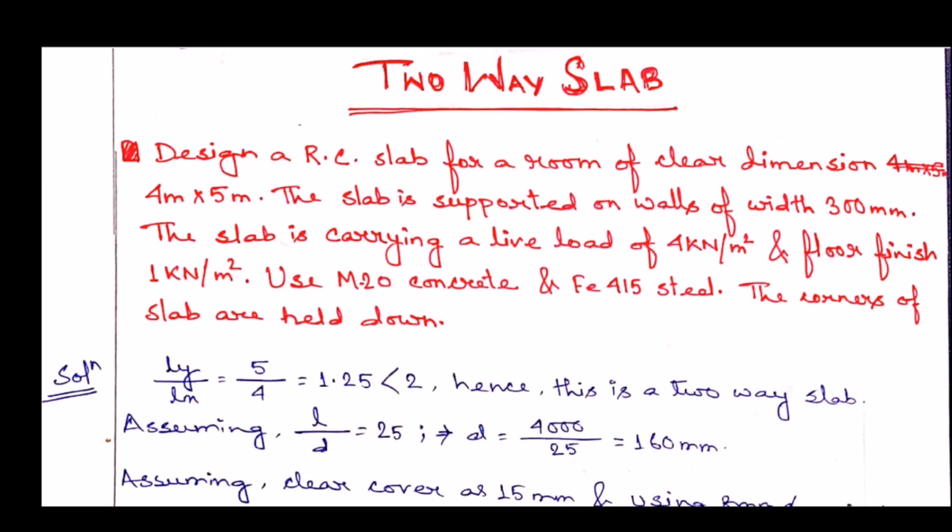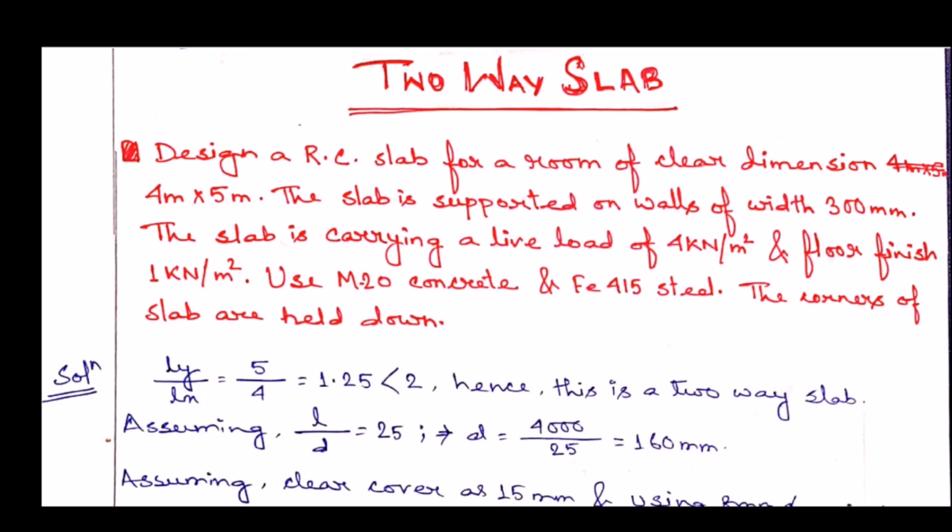There is a torsional moment in the corners, so in the corners torsional reinforcement has to be designed. For both the longer span and shorter span, we have to design reinforcement for the middle strip only, and for the 4 edges we have to provide an edge strip as per IS 456-2000.